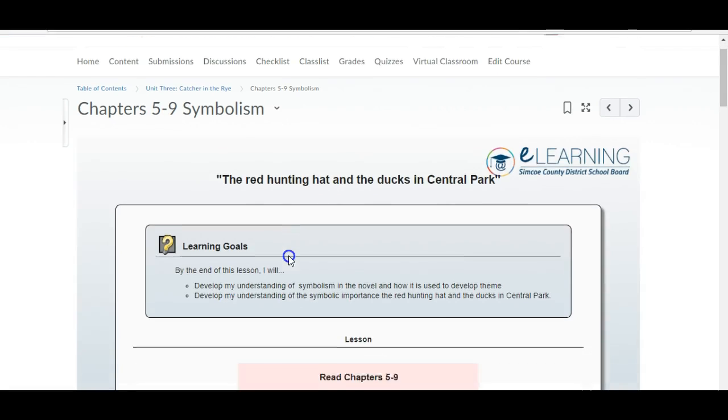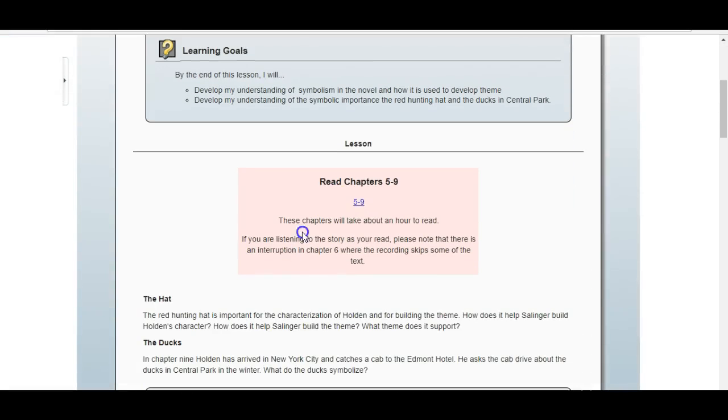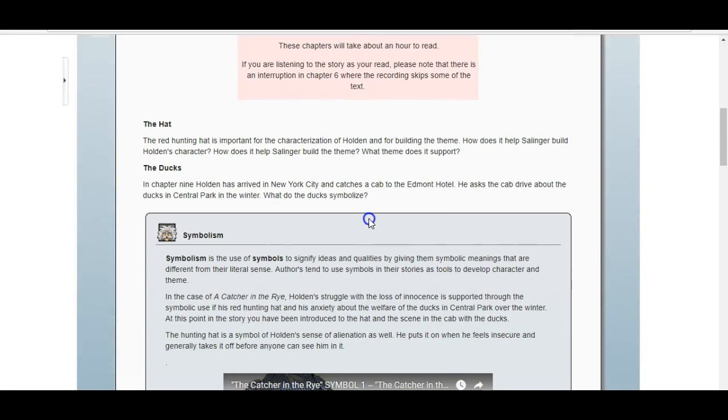A couple of things I want you to pay attention to: we have chapters 5 to 9. With Catcher in the Rye, two specific things you're looking at in understanding symbolism are Holden's hat as well as the ducks.